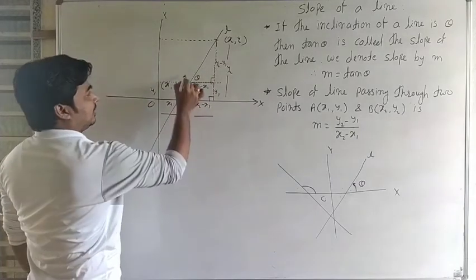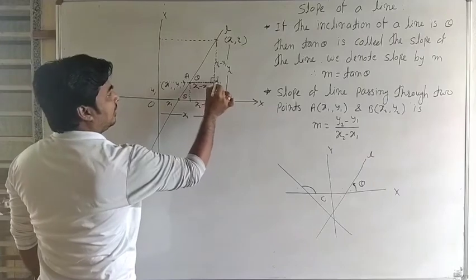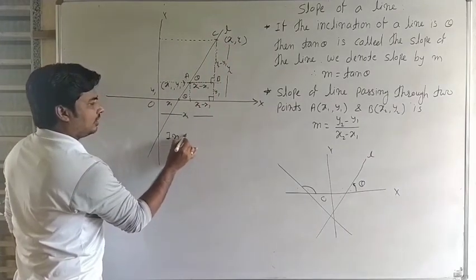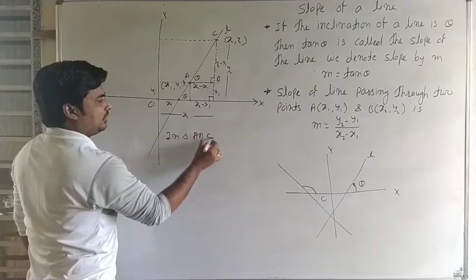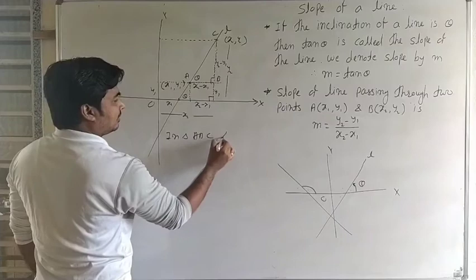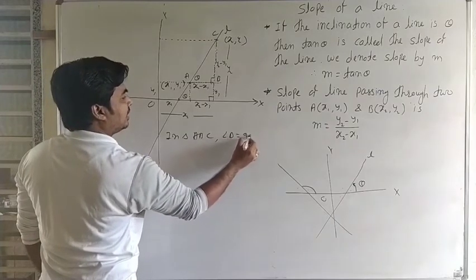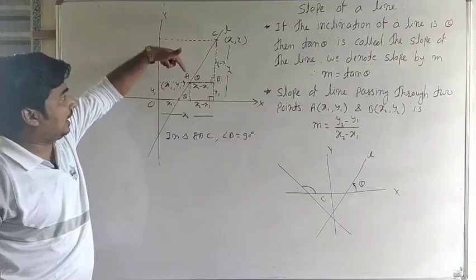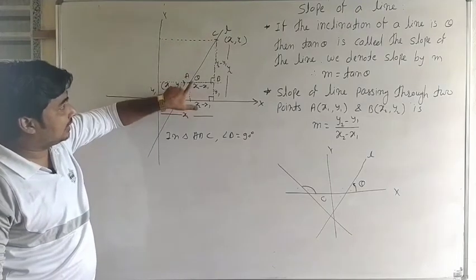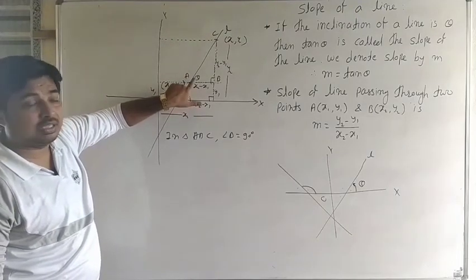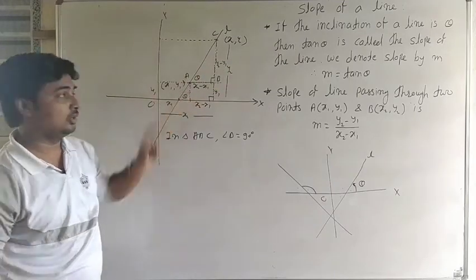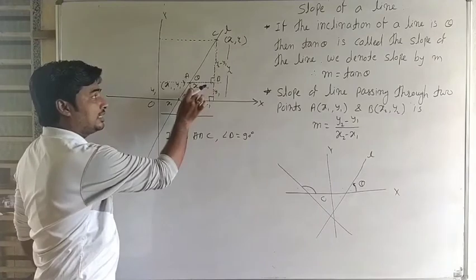Now in the triangle we name the vertices A, B and C. In triangle ABC, it is a right angle triangle, angle B is equal to 90 degrees and angle A is theta. Therefore the tan value of this angle is opposite side upon adjacent side.